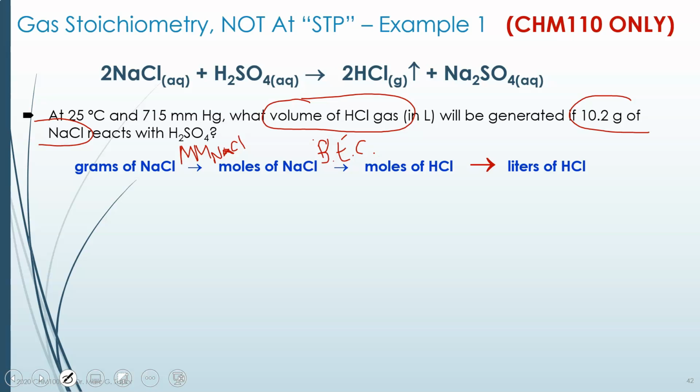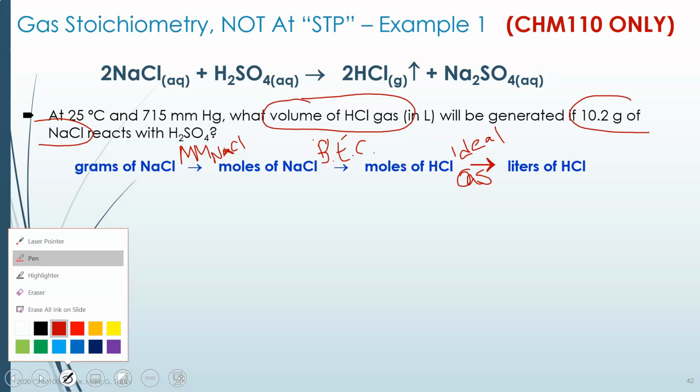And then once we have the moles of HCl gas, we can turn it into liters, but now we have to do a separate equation, and that will be the ideal gas law. And I'll just write ideal gas here. Okay, so you can do the first two together in one set, but the third one you really should do in a separate equation.